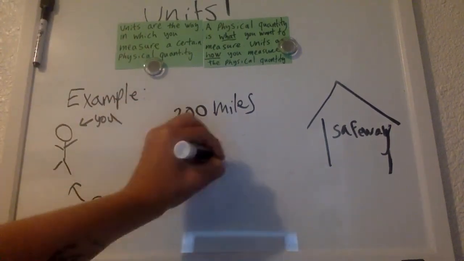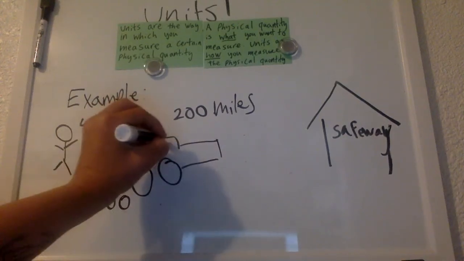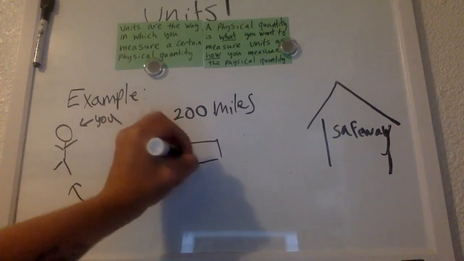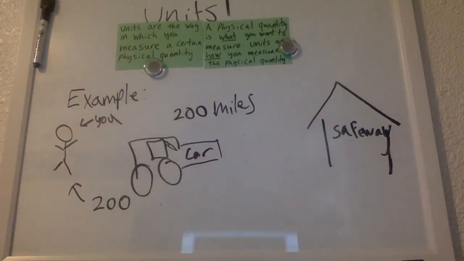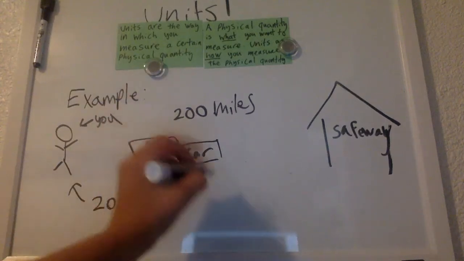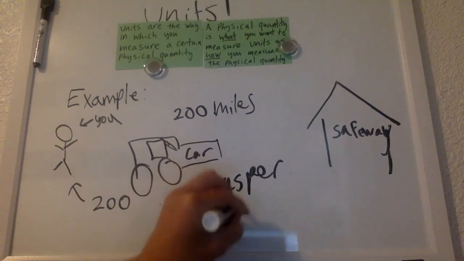Gonna get in their car. I'm so good at drawing. That's clearly a car. I think I'm just making it worse. I'm just gonna label it car. They get in their car and they drive 200 miles and they wind up in, I think, Casper, Wyoming.